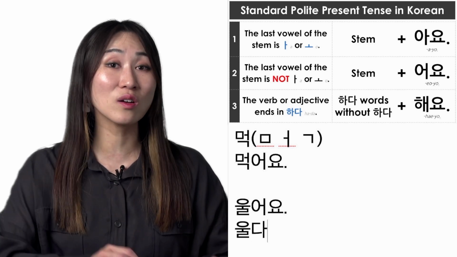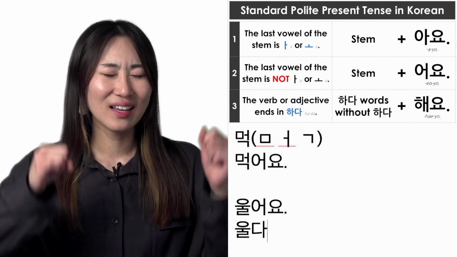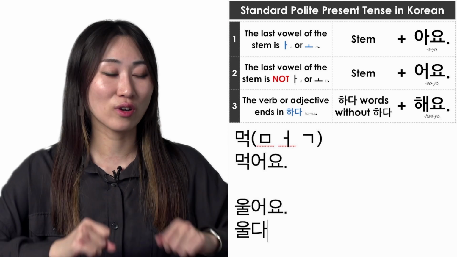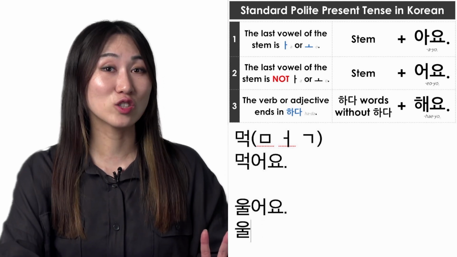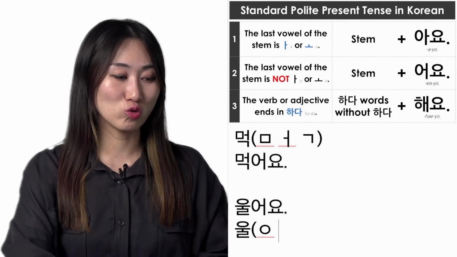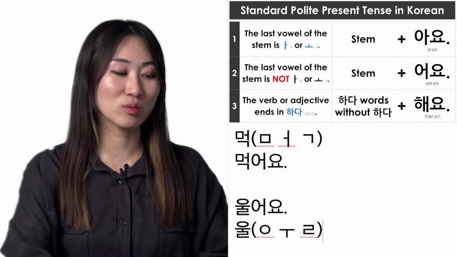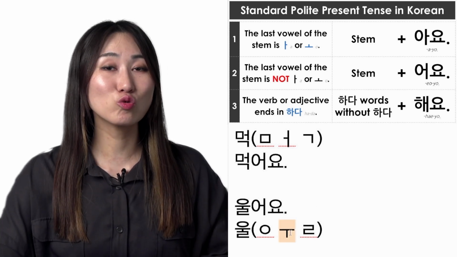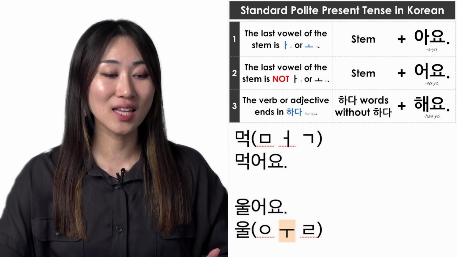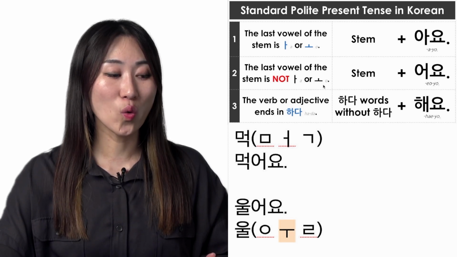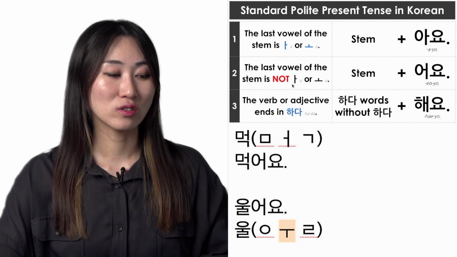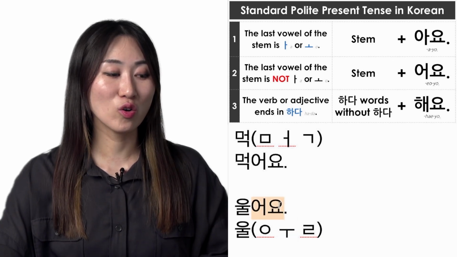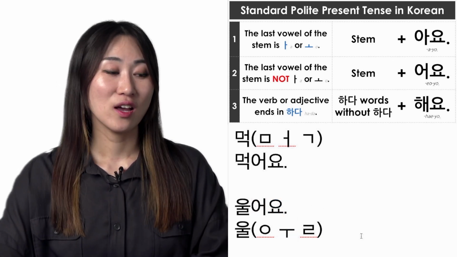The dictionary form was 울다, to cry. The stem is 울. It consists of these three parts. It includes a u sound. It's not a, it's not o, it's u. So I'm using 어요.